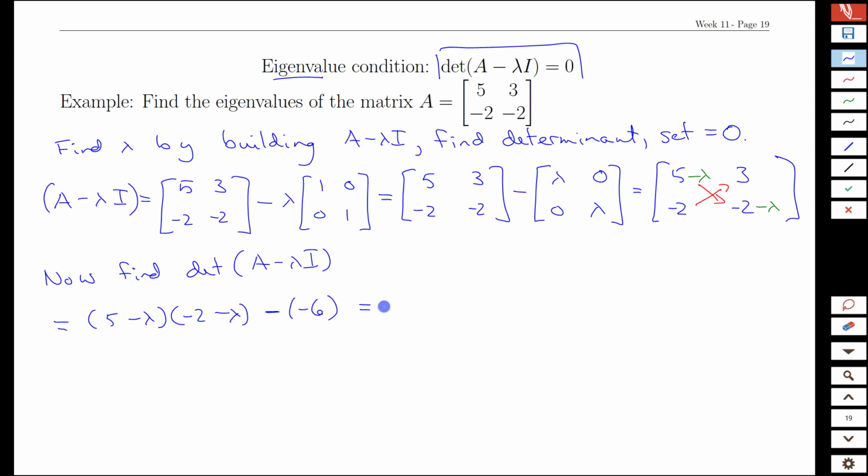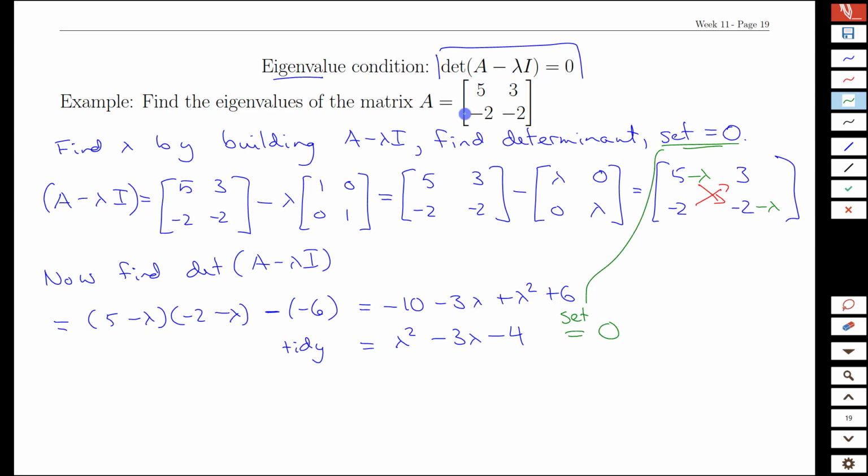So we're going to get -10 plus 2 lambda minus 5 lambda minus 3 lambda. Double negative here, so plus lambda squared and plus 6. And we can tidy that up a little bit. That'll be lambda squared minus 3 lambda minus 4 overall. And then we set it equal to 0.